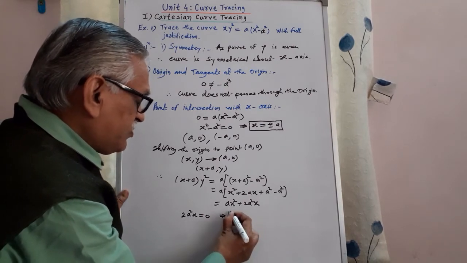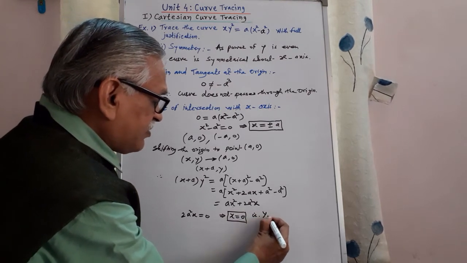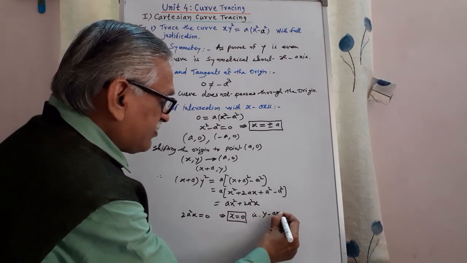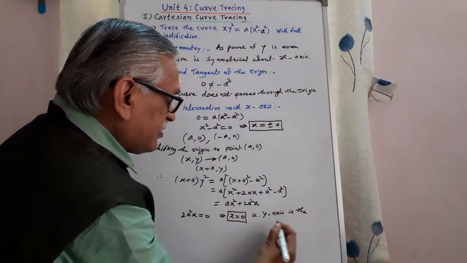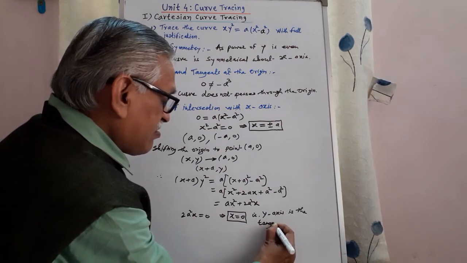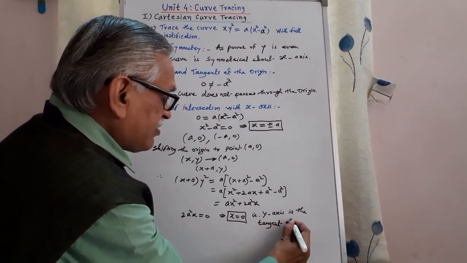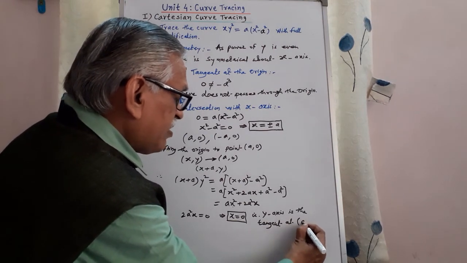X equals to 0 means y-axis or new y-axis is the tangent at point A0.